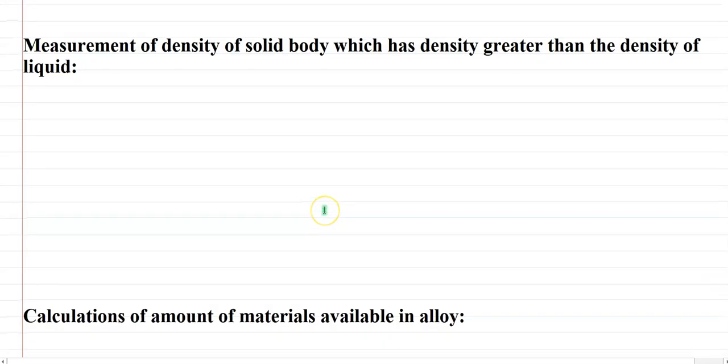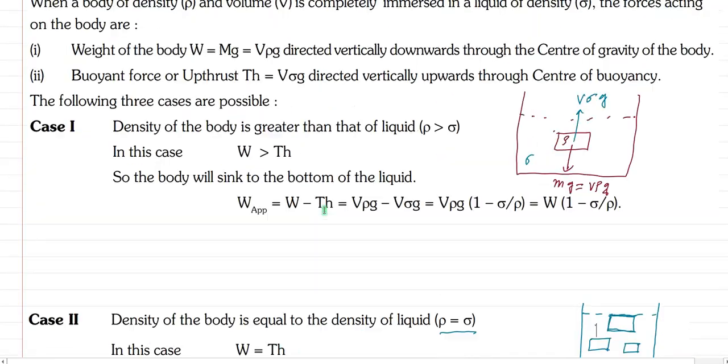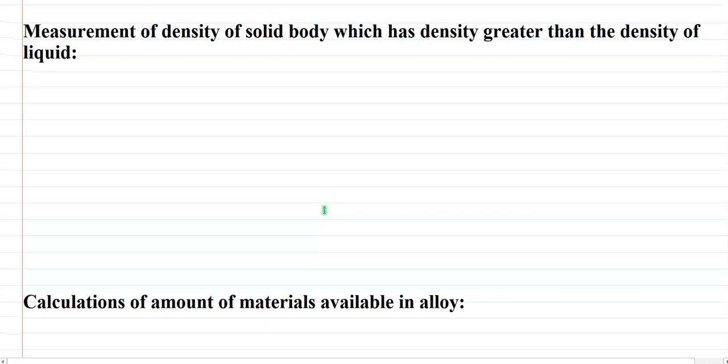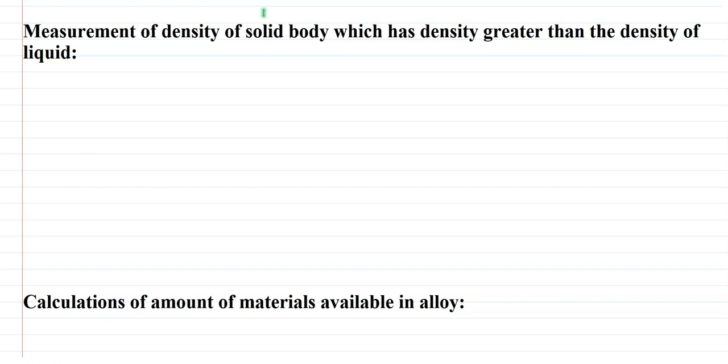So according to Archimedes' principle, the upthrust or buoyant force equals the weight of the displaced liquid. By this, we can calculate some properties of a solid body. The first property is the measurement of the density of a solid body whose density is greater than the density of the liquid.